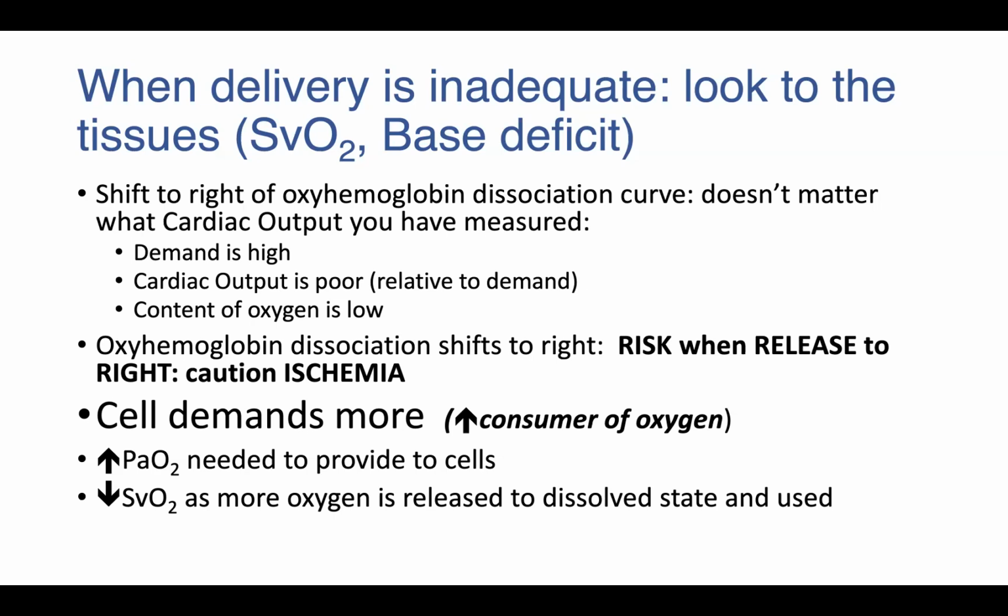It could be 8, it could be 4, it could be 2, it could be 12. If I have a patient who is rapidly dissociating oxygen from hemoglobin, that means SvO2 is down. My patient needs me to support first their cardiac output and secondly, their hemoglobin. So again, fluid, inotrope, red cell.